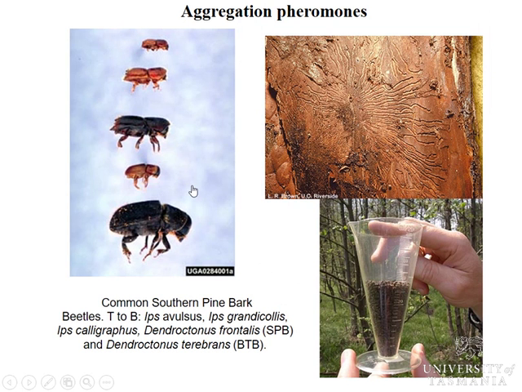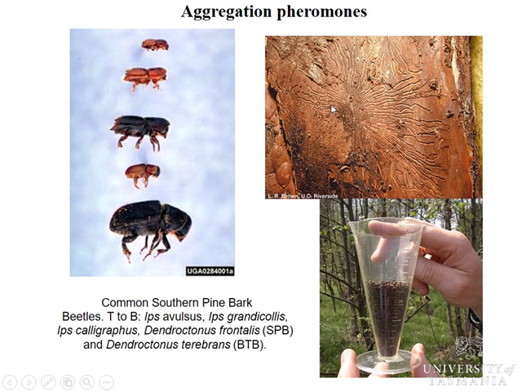We have another couple of options that happen with pheromones in terms of what sort of things they're used for. And one is aggregation. So a great example of aggregation pheromones are in bark beetles. So here we have a number of different species of bark beetle, and this is their tunnelling underneath there.